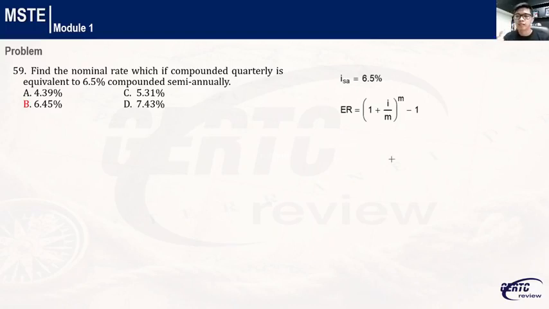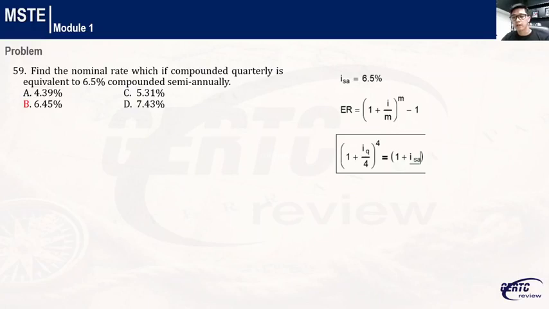So yung M natin, that is yung compounding time, kung what kind of compounding we are using. So dalawang ER equate natin. Tatanggalin na lang natin yung 1 dyan. So that is 1 plus I, I will denote quarterly as Q, over yung M pag quarterly is 4, then raised to 4, is equivalent to 1 plus I semi-annually.